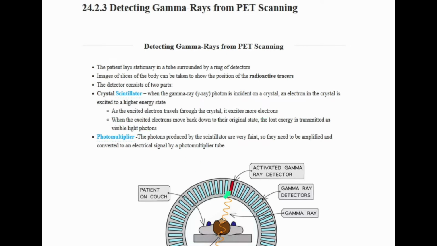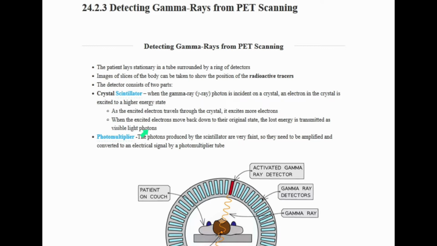Imagine there is a crystal here, so there are electrons that are excited. When the excited electrons move back down to their original state, called the ground state, the lost energy is transmitted as visible light photons. Imagine the electrons after reaching the excited state are at a higher energy level.